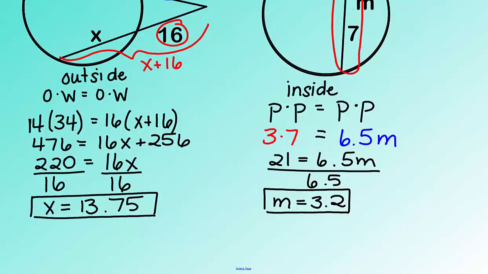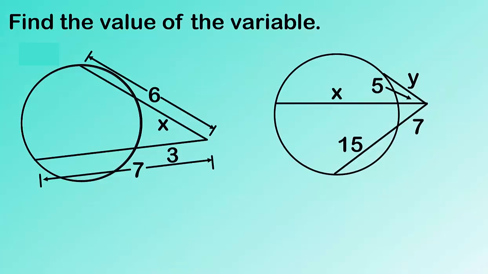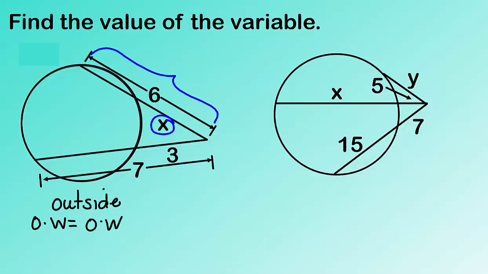Let's look at 2 more examples. Here my intersection is outside of the circle. So I'm going to use ow, ow. I have outside times whole and outside times whole.